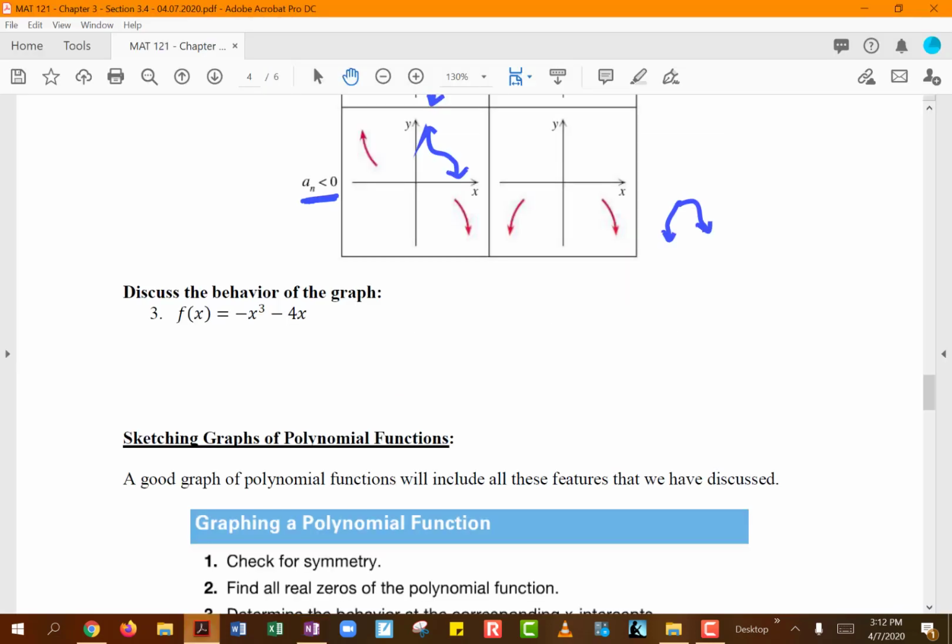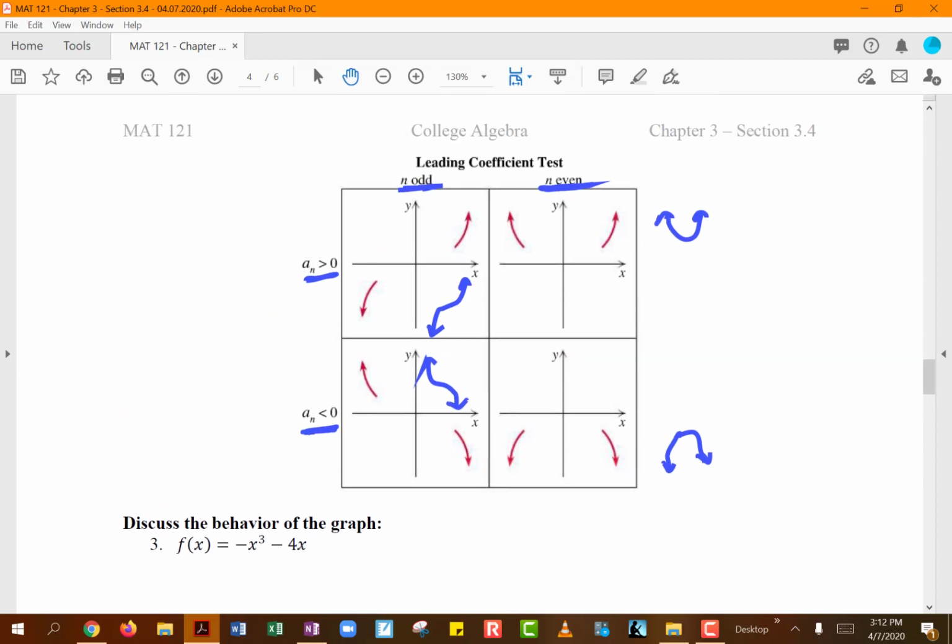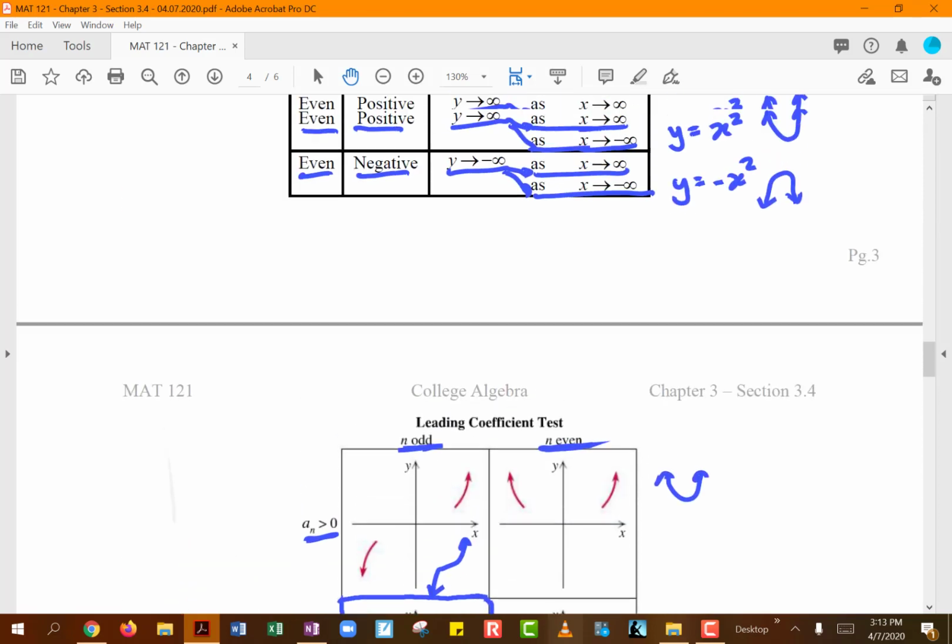So if it's negative and odd, you're actually looking at this little portion of our graph over here. So our degree is odd, our coefficient is negative, so this is the behavior our graphs will have.